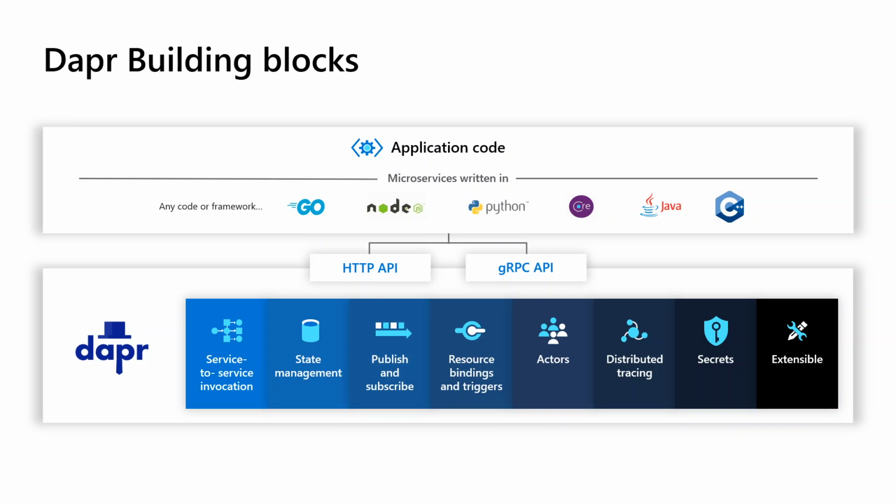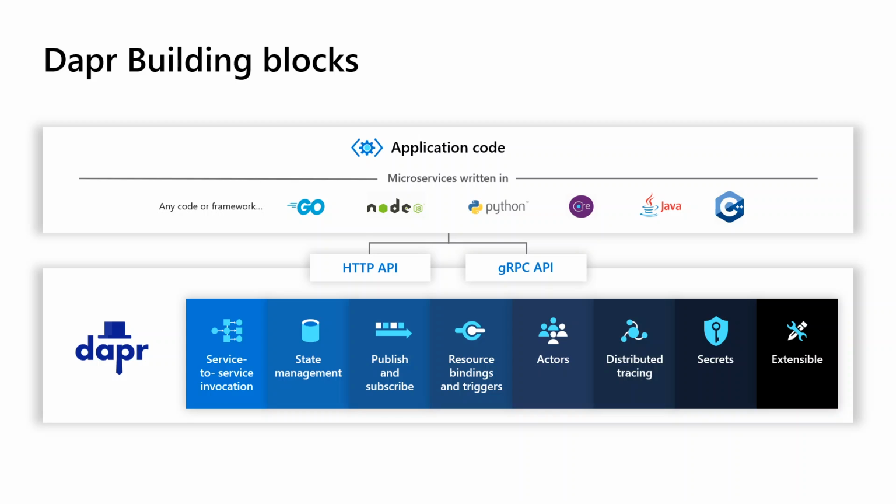We're going to cut the amount of theory short, but basically Dapr provides all kinds of services that you see there in the bottom. And so service to service invocation, state management, actors, tracing, and so on. And these features are all very easily accessible over an HTTP API or the gRPC API.